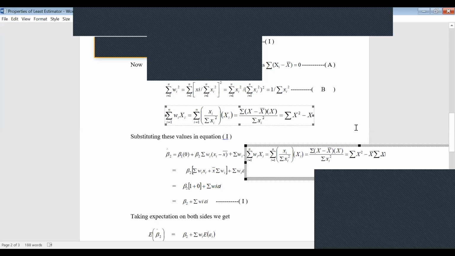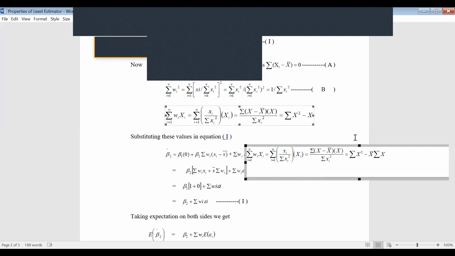It is equal to, in the denominator, now work on the denominator.